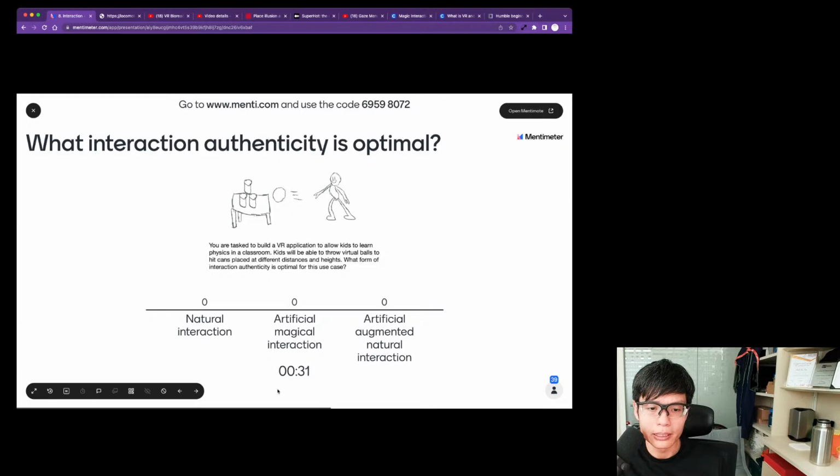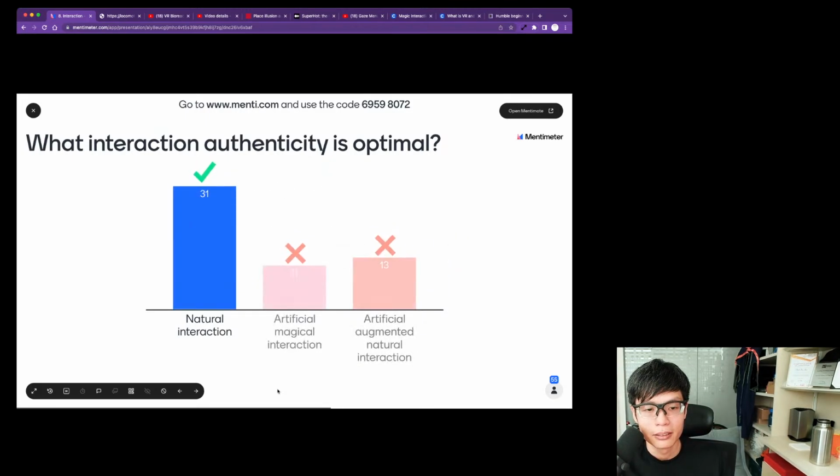So we are creating this experience where the kids will be able to throw virtual balls, hit the cans, and hopefully look at how the cans fall, and how the ball interacts with the cans when they throw it in a different manner, different height, different force, different projectile. So thinking about that kind of goal, what is the authenticity that we should create?